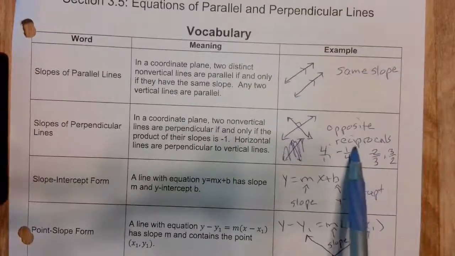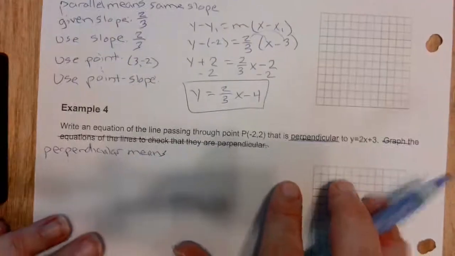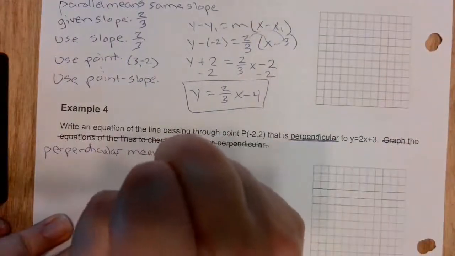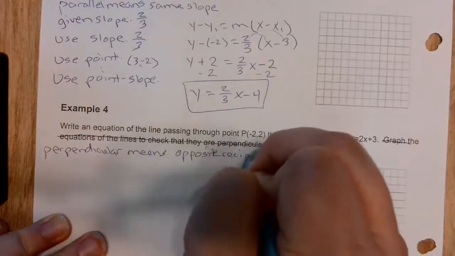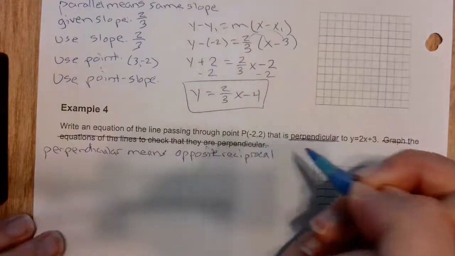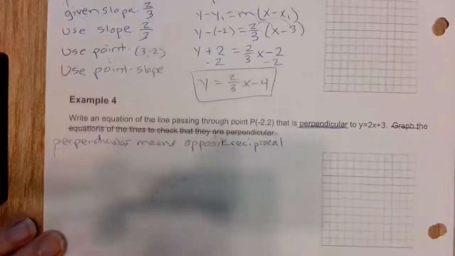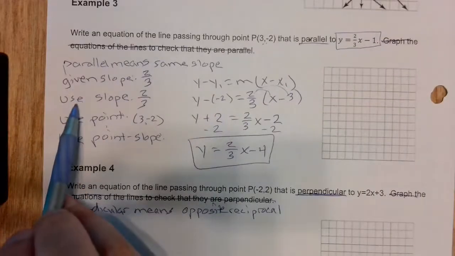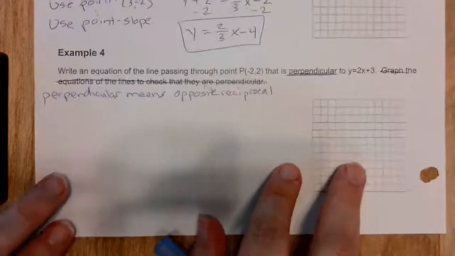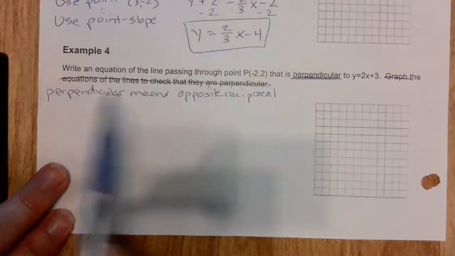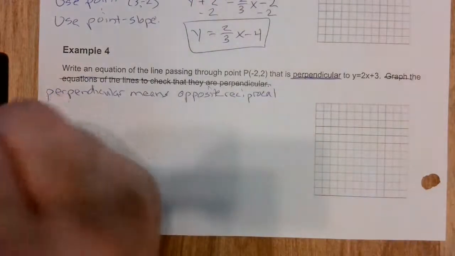Perpendicular meant opposite reciprocal. Perpendicular means opposite reciprocal. Great. The given slope, use point slope form. Those are all the same here. We just got to make sure we account for the fact that it's perpendicular.